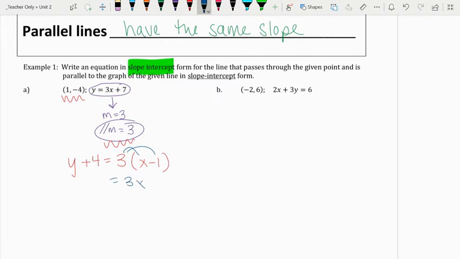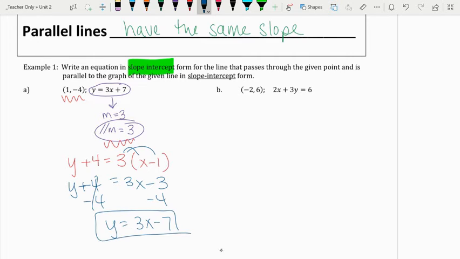Distribute: 3x minus 3. And then all we have to do is subtract 4. y equals 3x minus 7. Now, yes, it's very similar to this one, right? But that's not always the case, so don't think that there's a pattern there.